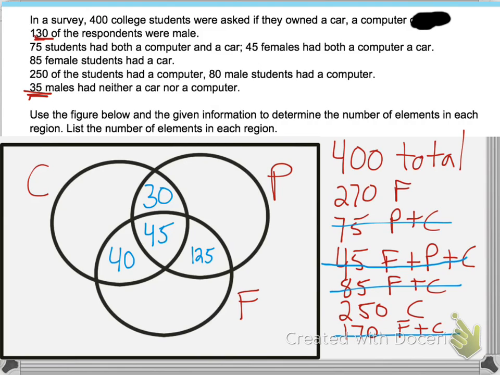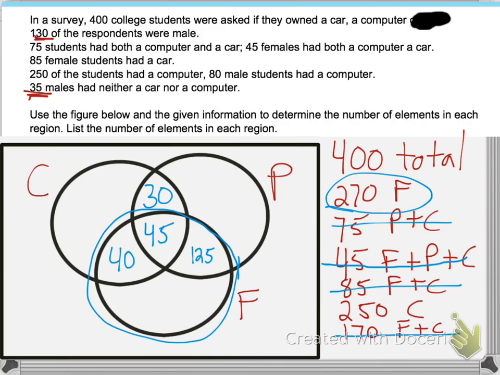And now we can start working through what we have left. We know that there's 270 females. So that means the entire female circle has 270 people in it.